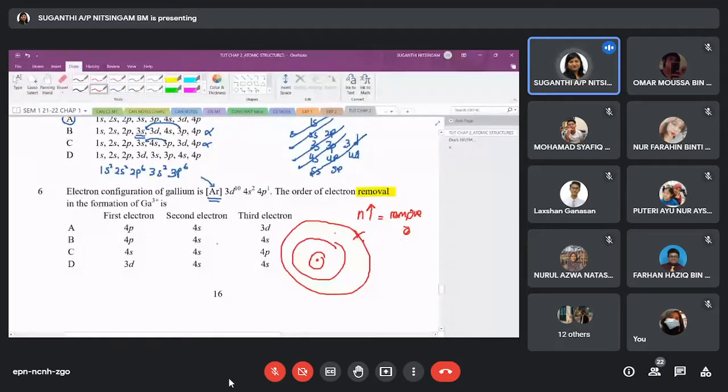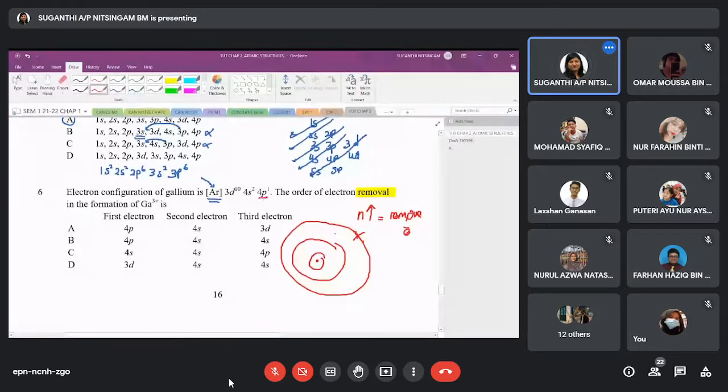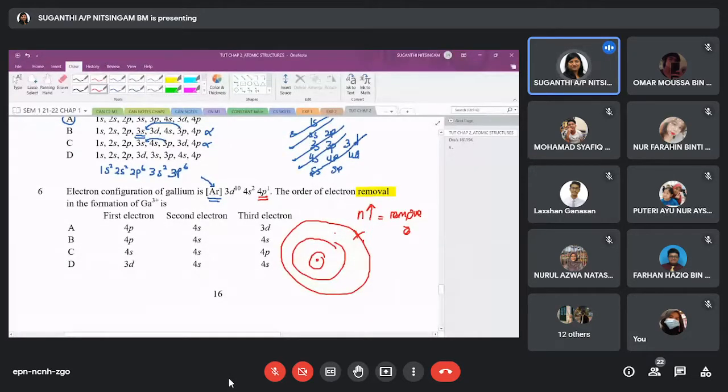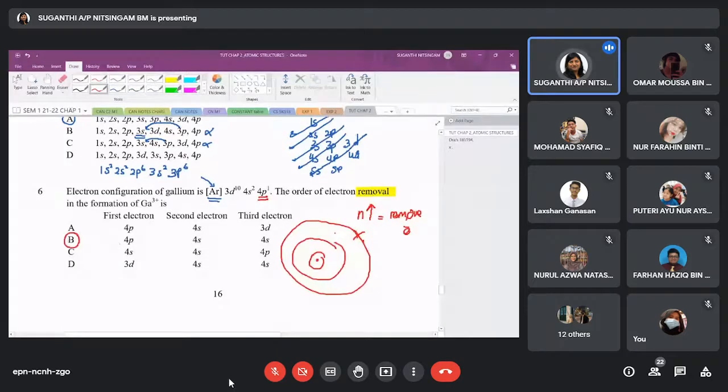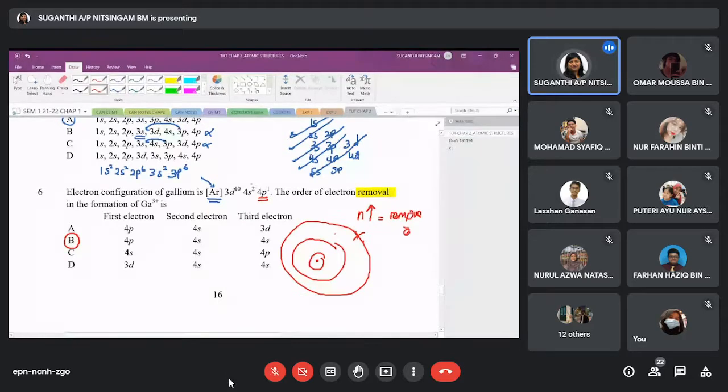So bila kita tulis konfigurasi ni, kita akan remove 2p dulu. Dah remove 2p baru masuk 4s. So jawapan dia adalah B. Remove the 4p first, then you go to the 4s, and then 4s kan ada 2, so kena remove dua-dua daripada 4s lah.